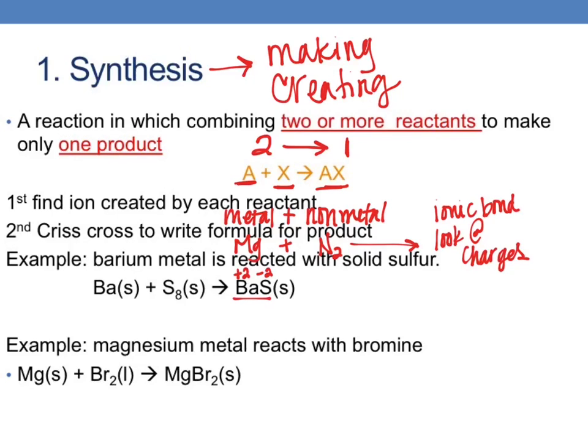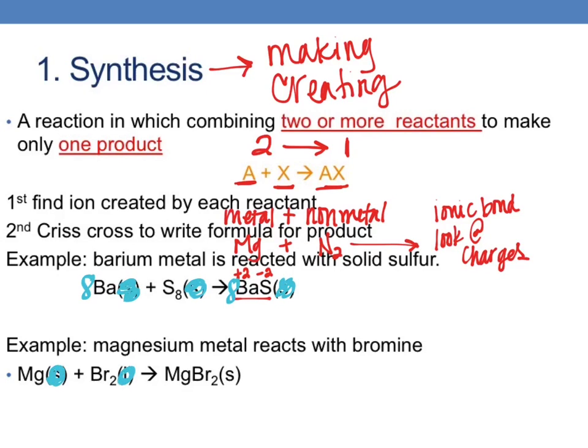BaS. And then you go back and you have to balance it. And to balance it, I would put an 8 there to get my 8 sulfurs. And now I have 8 bariums, and I would put an 8 there. S next to barium is just solid. Yeah, just ignore the states of matter.